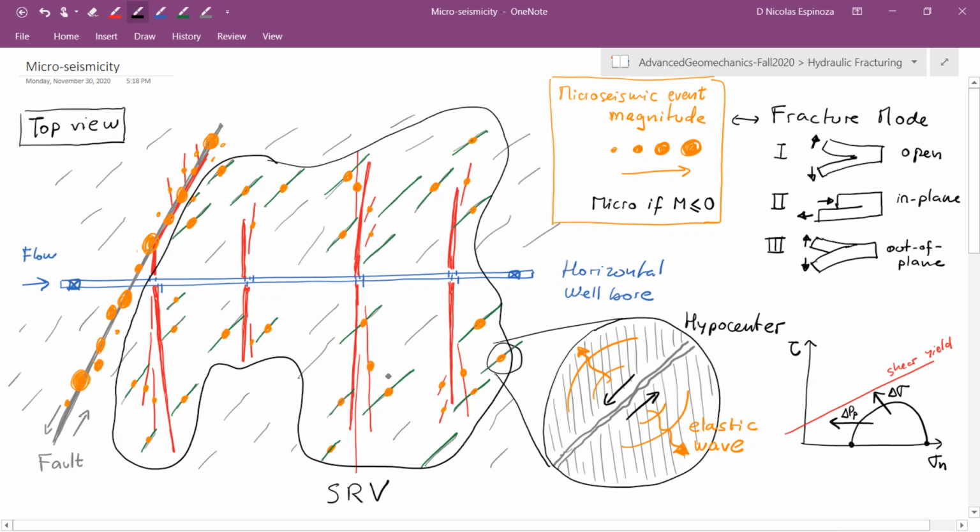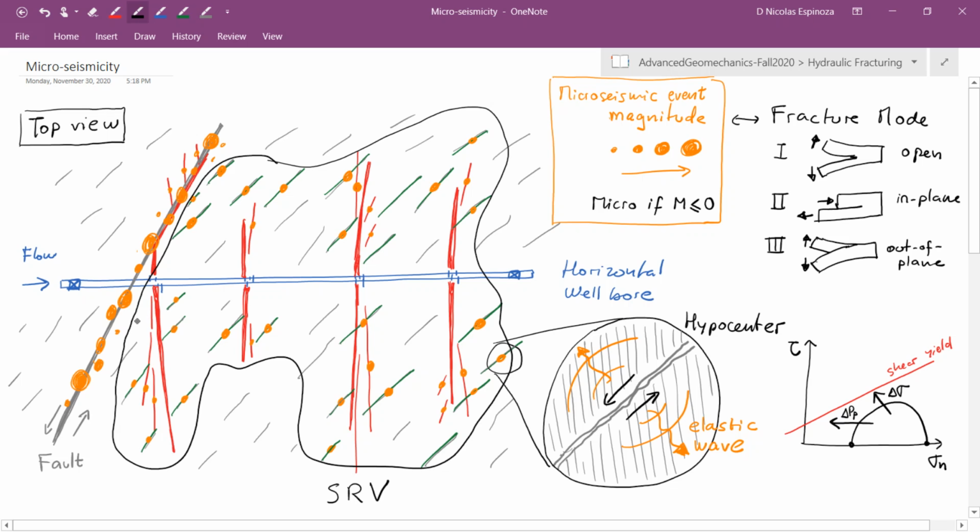Why? Because we expect some of these reactivated fractures to be more conductive to fluid flow. However, the problem is not that simple, and that's what we're going to see right now.